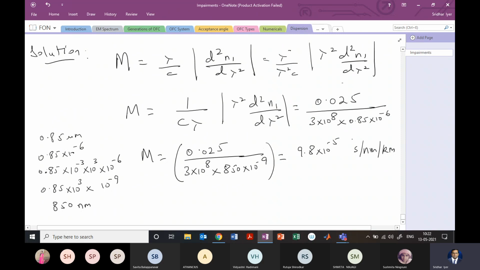Let me just check. If I want to write it in picosecond per nanometer kilometer, I should have... Are we getting 10 raised to negative 5 only?